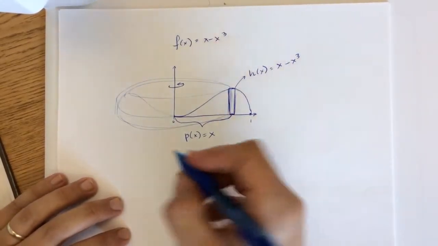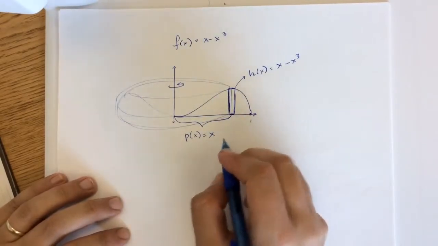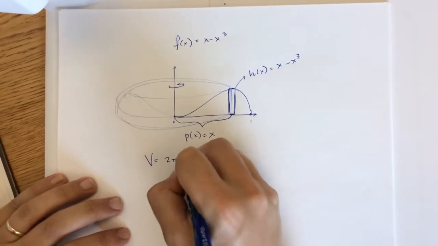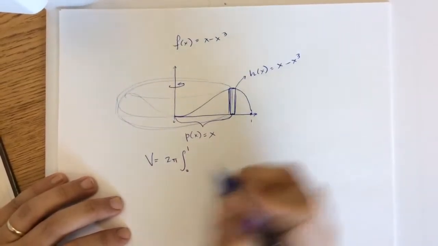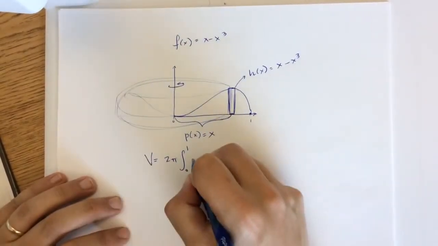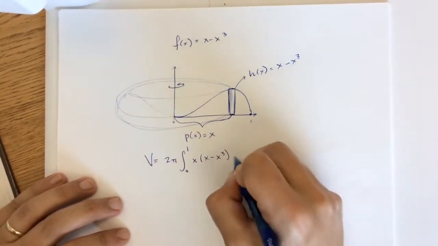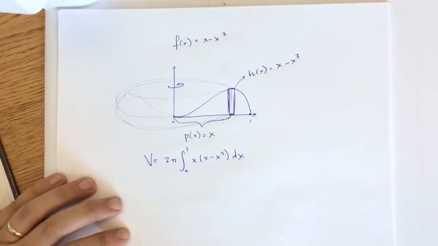So then the volume of this solid of revolution is given by 2 pi times the integral from 0 to 1 of p of x times h of x times dx.